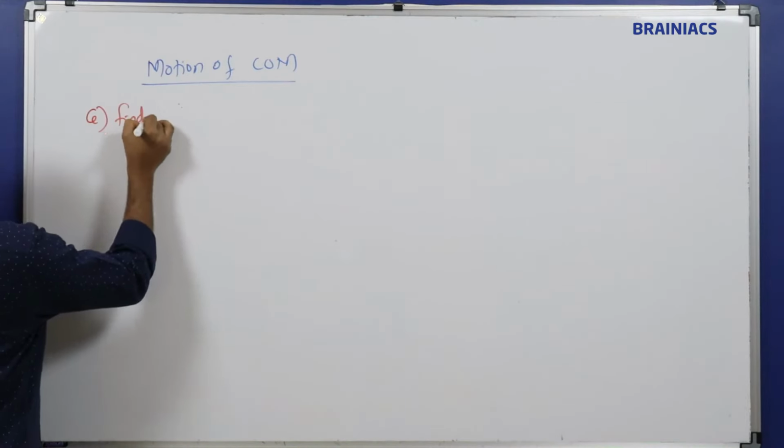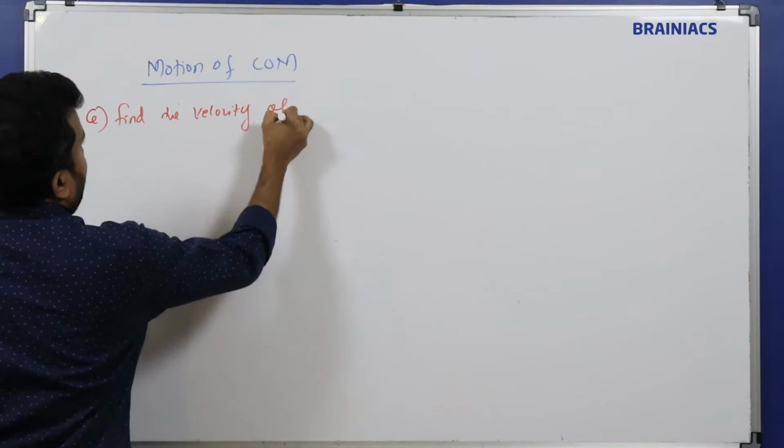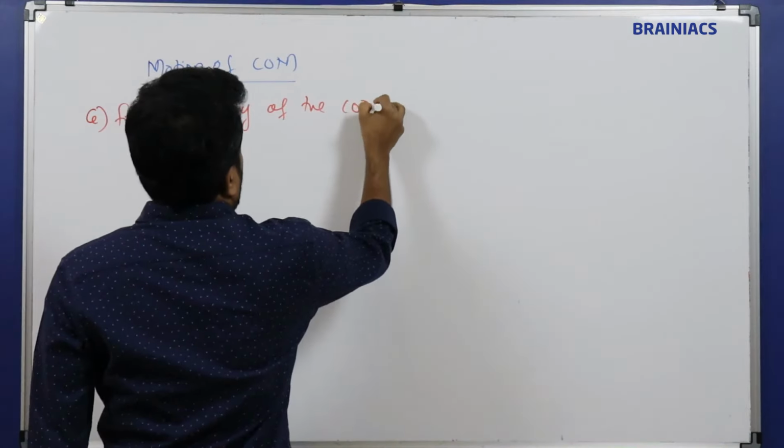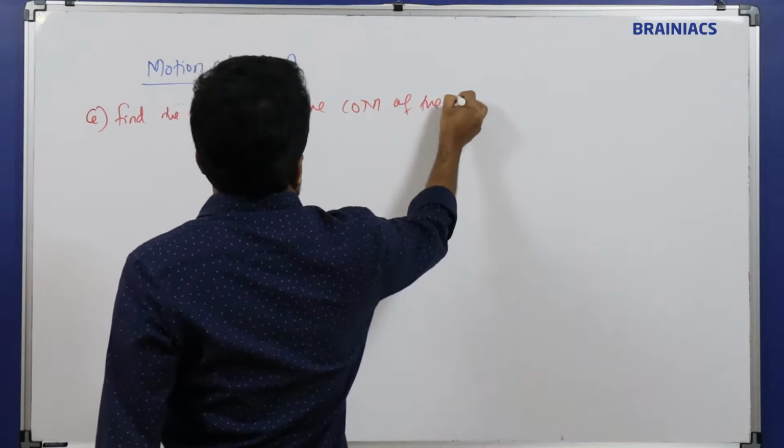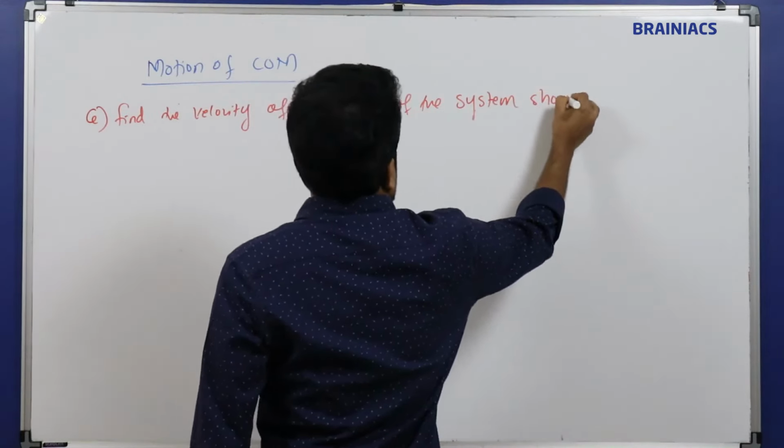Find the velocity of the center of mass of the system shown in the figure.